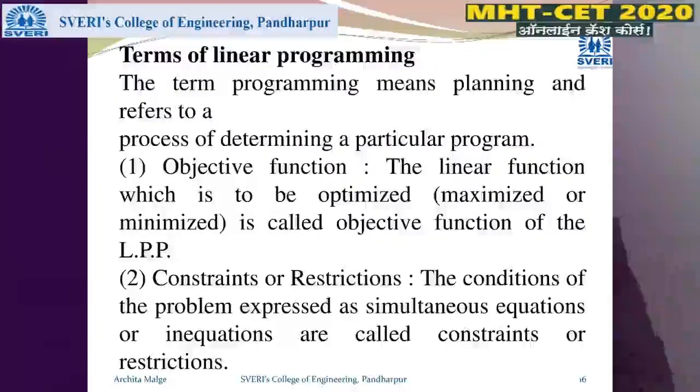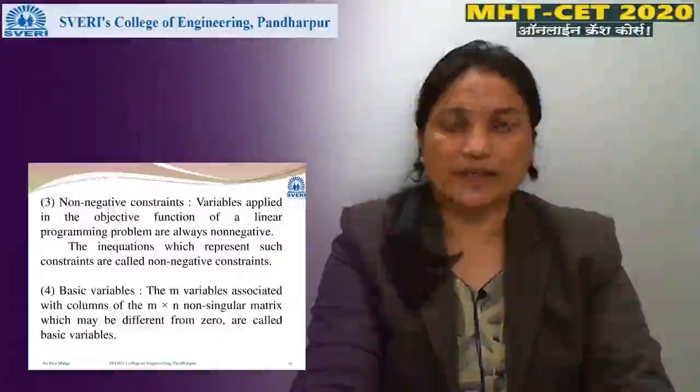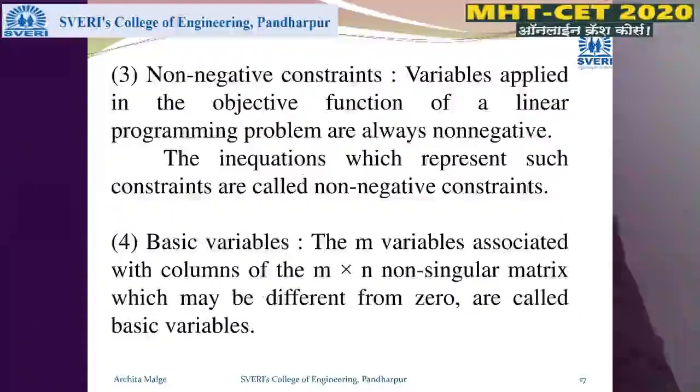Whatever equations are given in the examples will be the restrictions to that region. Non-negative constraints: variables applied in the objective function of a linear programming problem are always non-negative. While solving examples in CET, we get examples with non-negative constraints. The inequations which represent such constraints are called non-negative constraints.